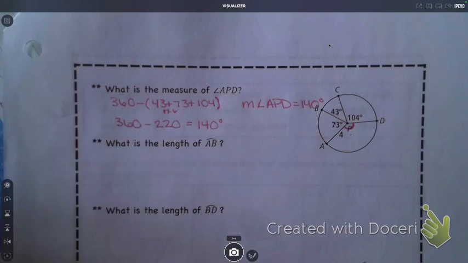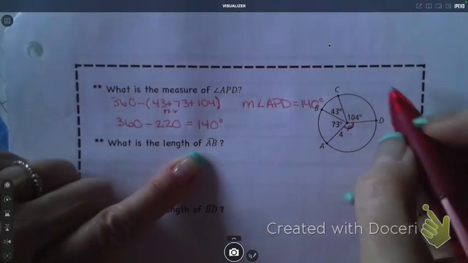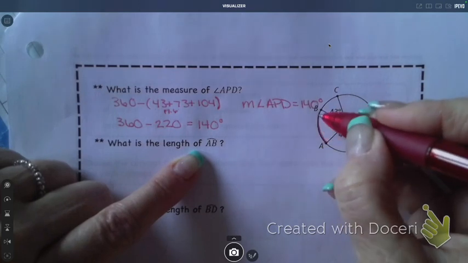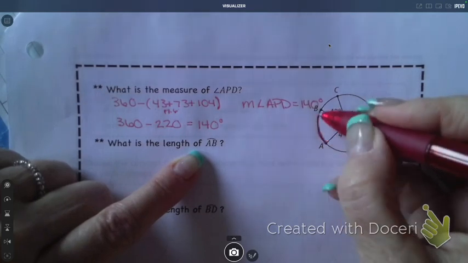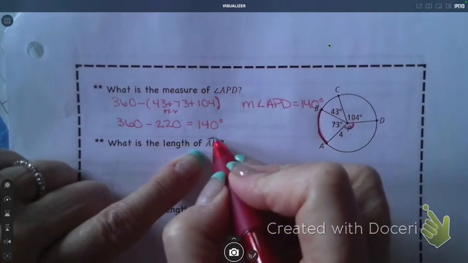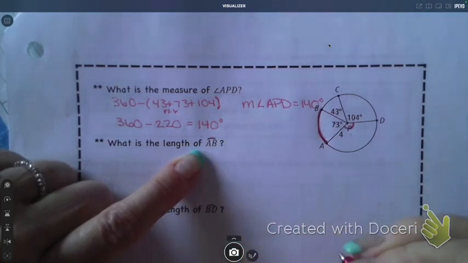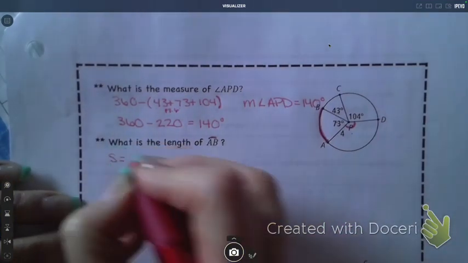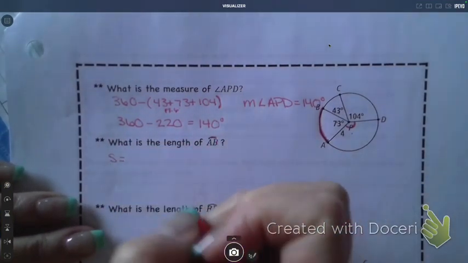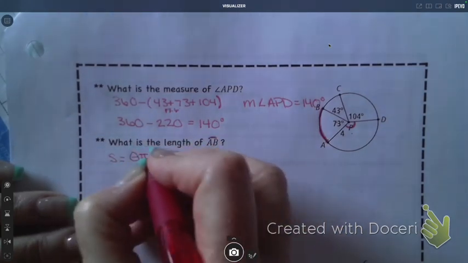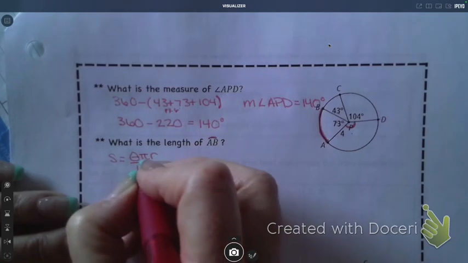Okay. So what is the length of AB? So here's AB. So is that a sector length? Yes? Do you see how this is an arc up here? Not a good one, but it is, right? So S equals, what was our formula that we're going to fill in from the other page? Theta pi r over 180.